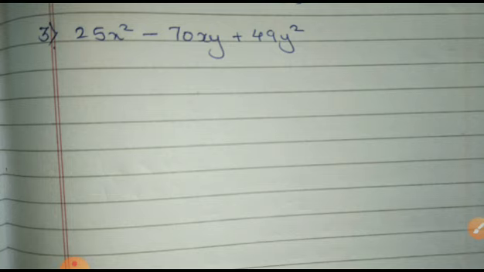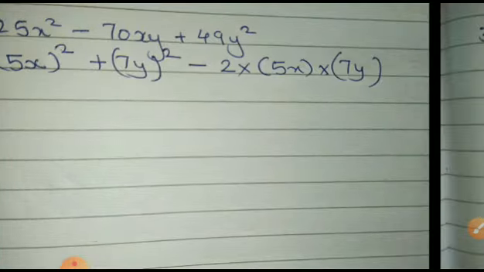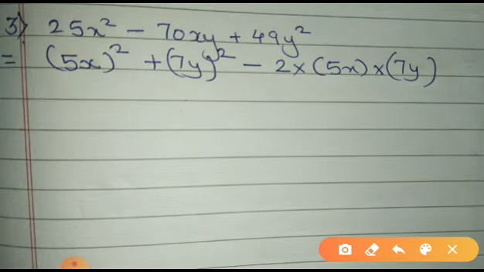Clear? So what is my middle term in that? It is minus of 2ab. So check whether can I write it as minus 2 into my a is what? It is 5 into x and b is 7 into y, and check whether you are going to get it as 70 itself. Minus 2 into 5x into 7y. 5 2s are 10, 10 into 7 is 70.